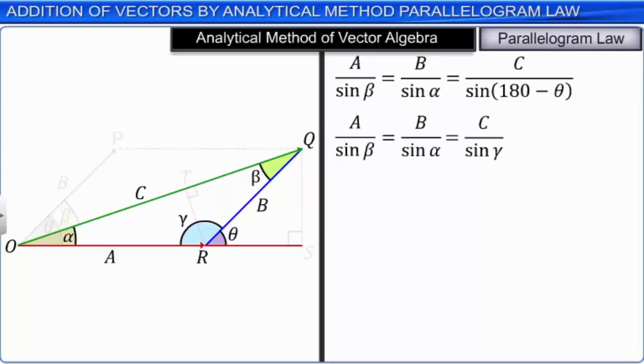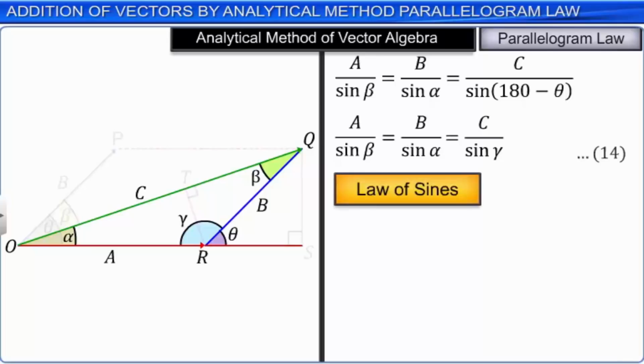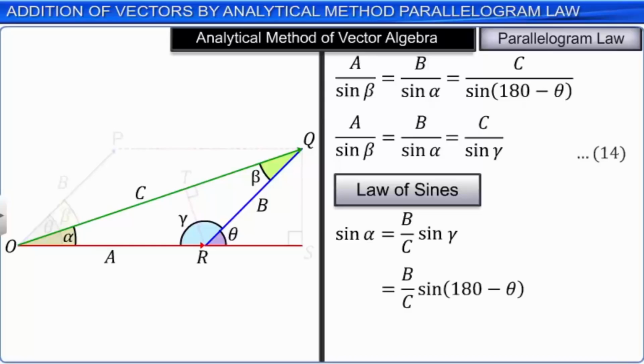From equation 14, we can write sine alpha is equal to B by C into sine gamma, which is equal to B by C into sine 180 minus theta. And finally, we can write sine alpha is equal to B by C into sine theta. Let this be equation 15. From this equation, we can find the direction of the resultant vector C.